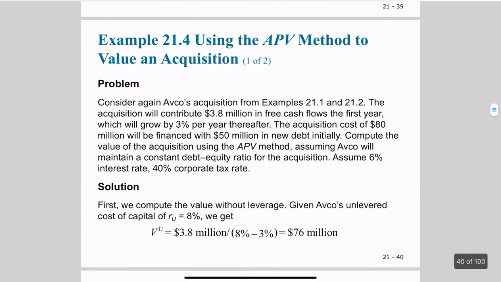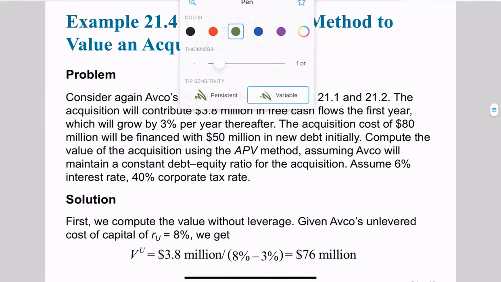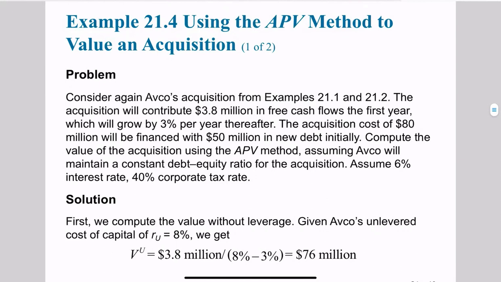Okay, now let's see this example here. Consider again Avco's acquisition from the last two examples. The acquisition will contribute $3.8 million in free cash flows the first year. And this free cash flow will grow by 3% per year.